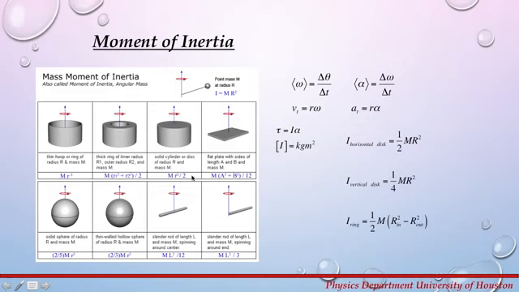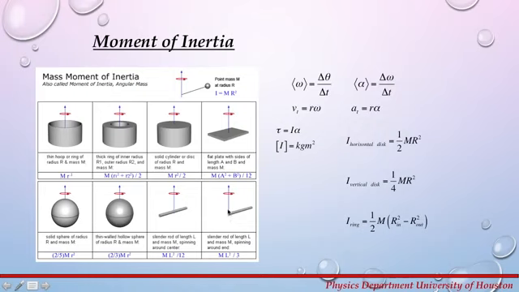In this example here, you can see that for this rod, the moment of inertia is different because we change the axis of rotation. For this example, the axis of rotation is at the center of the rod, and for this example, the axis of rotation is at one end of the rod.